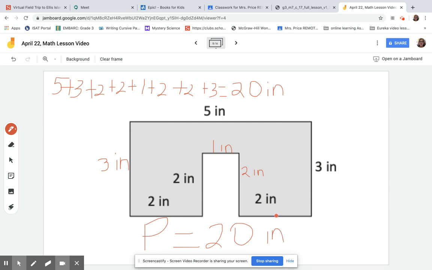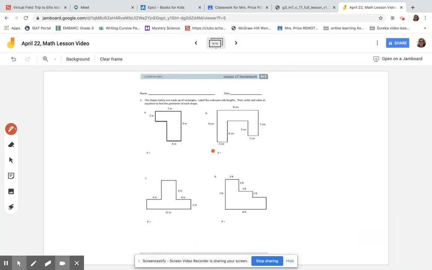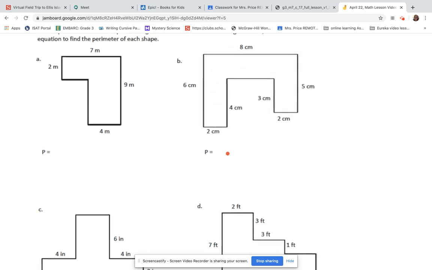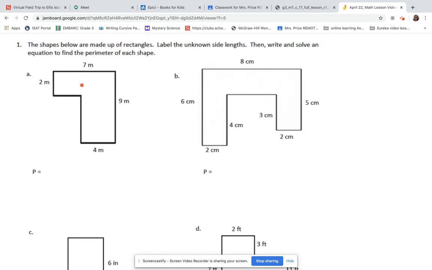All right, so that is what today's assignment is going to be, and this is what today's assignment looks like. If I can make it a little bigger. So you're going to have these shapes, and this one has 2 missing side lengths here. So you're going to have to go and figure out what these 2 missing side lengths are. If you know that this is 9 here and we have 2 here, 9 take away 2 is what? 7.